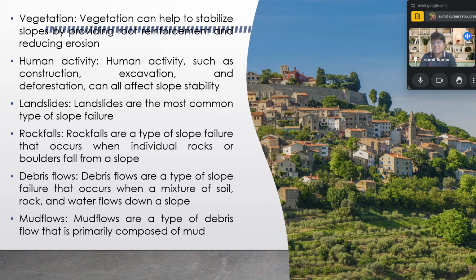The vegetation can help to stabilize the slope by providing root reinforcement and reducing erosion. These roots act as a reinforcement for the soil and try to resist its movement along the slope, ultimately reducing the chances of failure. Human activities such as construction, excavation, and deforestation can also affect slope stability.